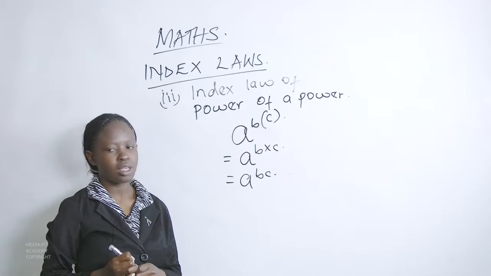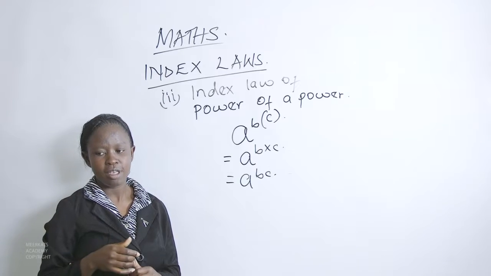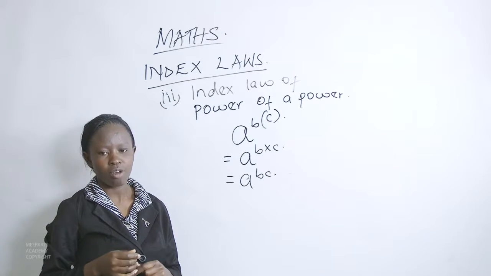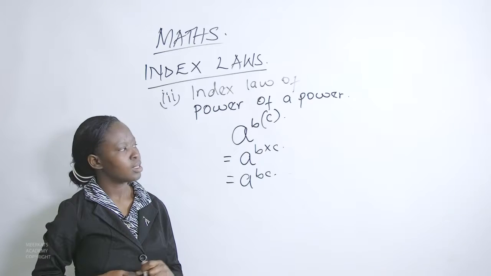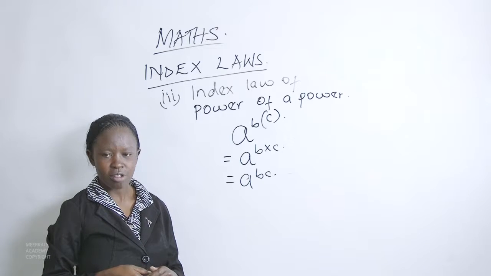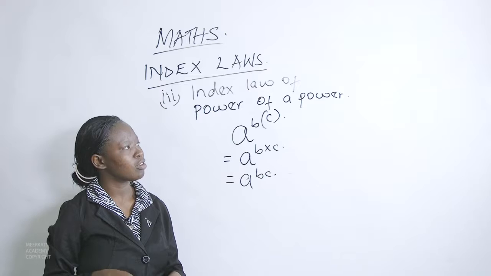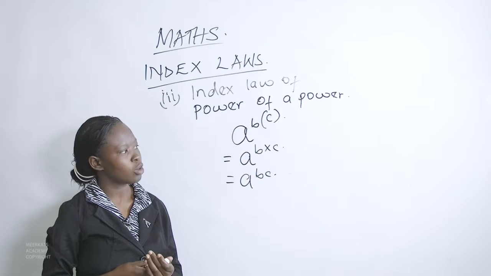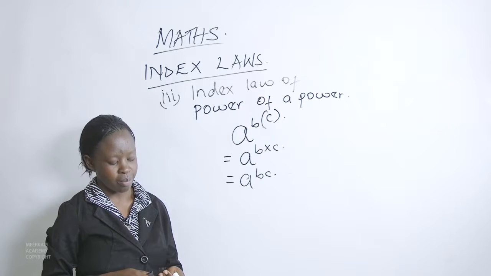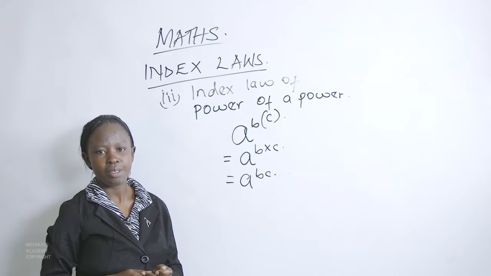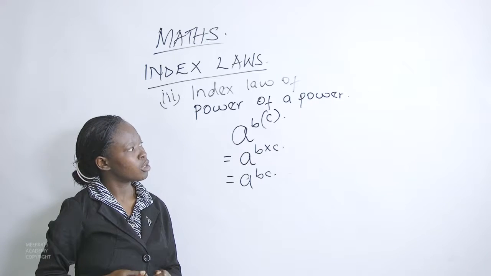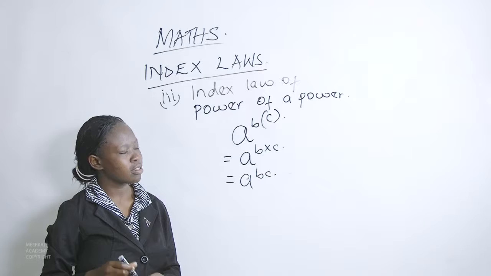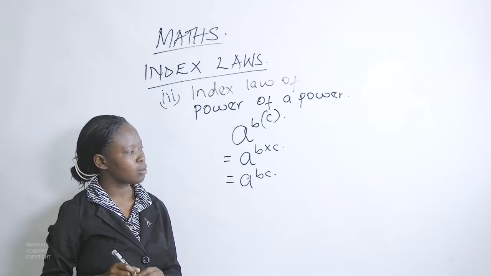Those are the three laws of indices that we apply whenever we have a number in index form. The first is the multiplication law: if the bases are the same, we add the powers. If it is division and the bases are the same, we subtract the powers.